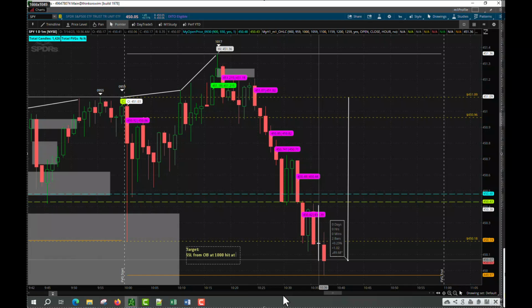Hit at 10:33, and then the $1 move target hit at 10:36. That is our target right there. Beautiful. We got it.